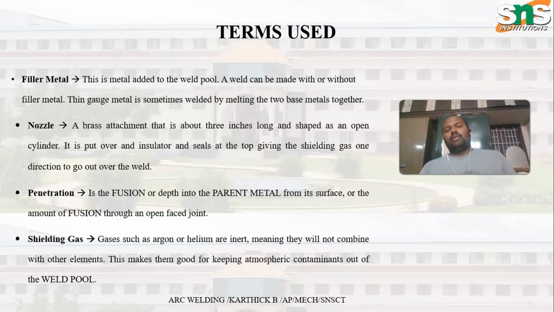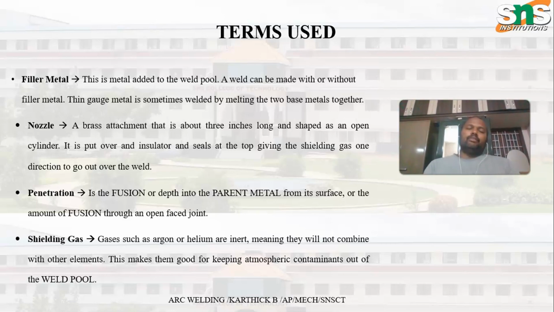The filler metal, with the heat produced through the electrode, gets melted and is deposited in the welding area, in between the two metals. It is like putting cement in between two red bricks and packing it. That is like a filler metal.